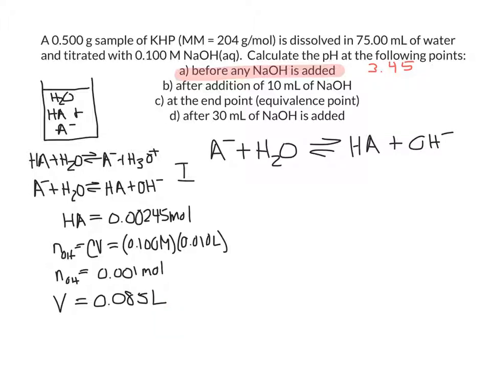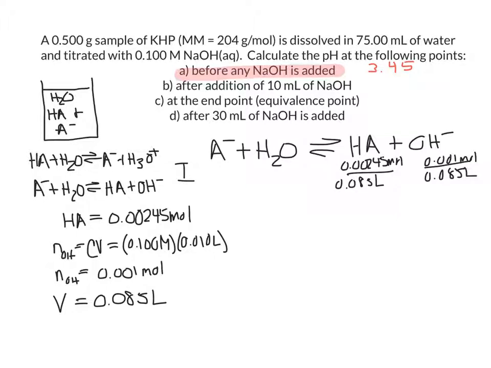And so I can calculate the concentration of HA as 0.00245 moles in 0.085 liters, and the concentration of OH minus to begin with is 0.001 moles in 0.085 liters.